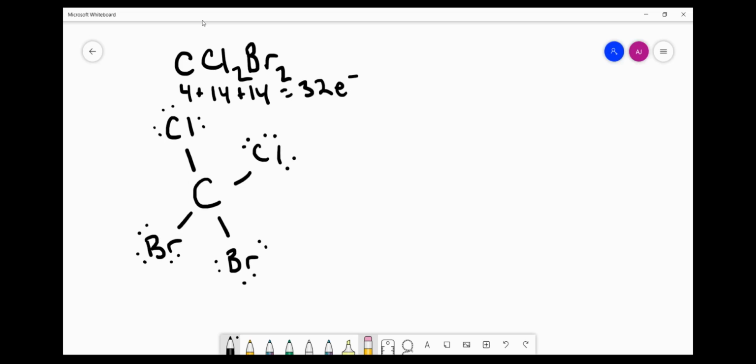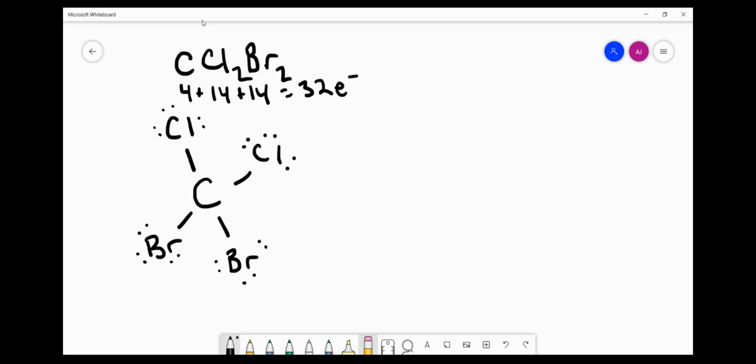Okay, now I'm going to check to see how many electrons I've used. So each of these 6 there, 6 there, 6 there, 6 there, that's 24, 26, 28, 30, 32. So I've used up all my valence electrons, so I can't place any more.